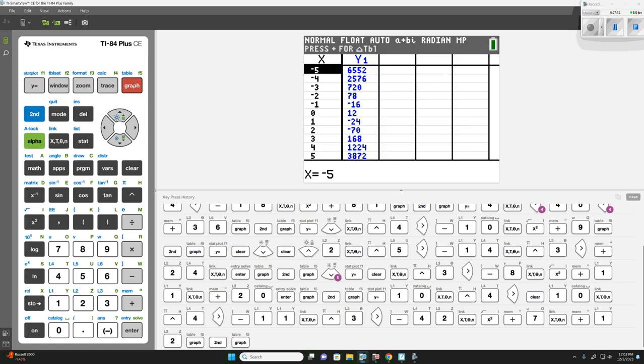Second graph. Well, none of them are at nice numbers.